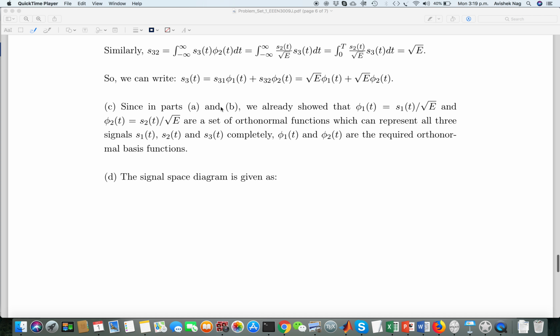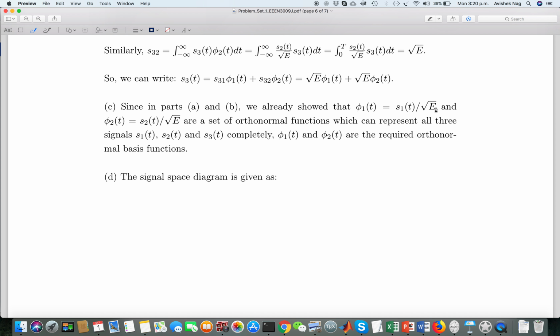In parts A and B, you have already shown that phi 1(t), which is given by S1(t) divided by square root of E, and phi 2(t) equals S2(t) divided by square root of E, are orthonormal functions which can represent all three signals S1(t), S2(t), S3(t).